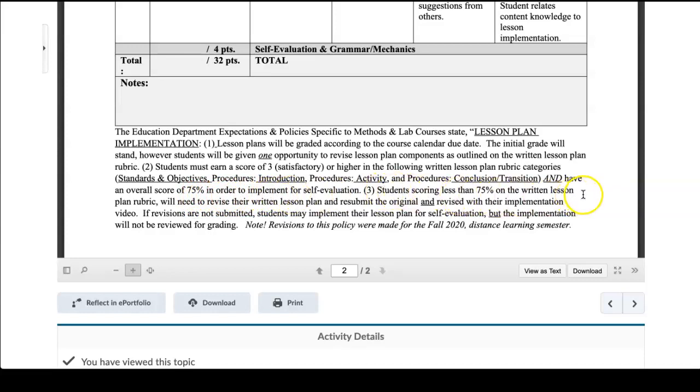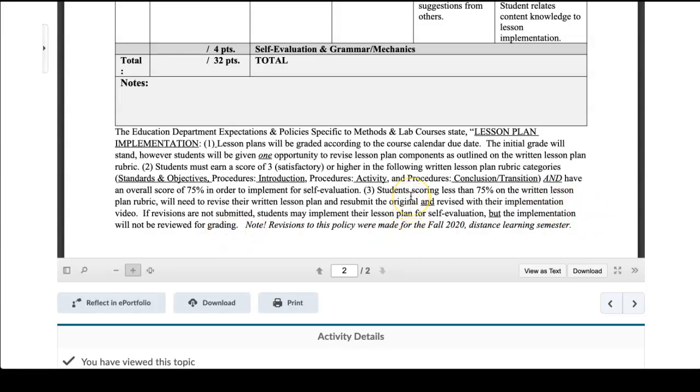Students scoring less than 75% on the written lesson plan rubric will need to revise their written lesson plan and resubmit the original and the revised with their implementation video. If revisions are not submitted, students may implement their lesson plan for self-evaluation, but the implementation will not be reviewed for grading.